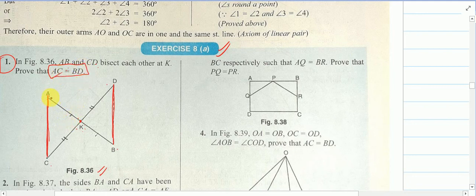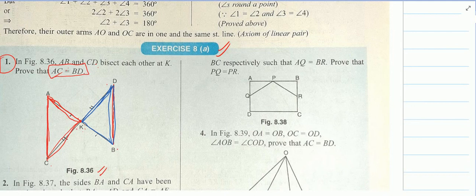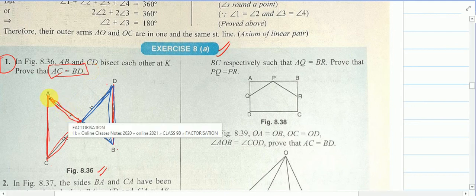Here we see that AC is a side of this triangle, and BD is a side of this triangle. And already you see that AK is equal to KB.